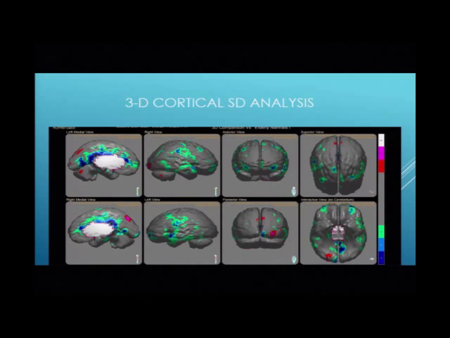Now I want to call your attention to another color scale here. This is not blood flow. This is a statistical comparison of the patient's flow against a normative data bank. What is a normative data bank? Well, they take people that supposedly have normal brains.